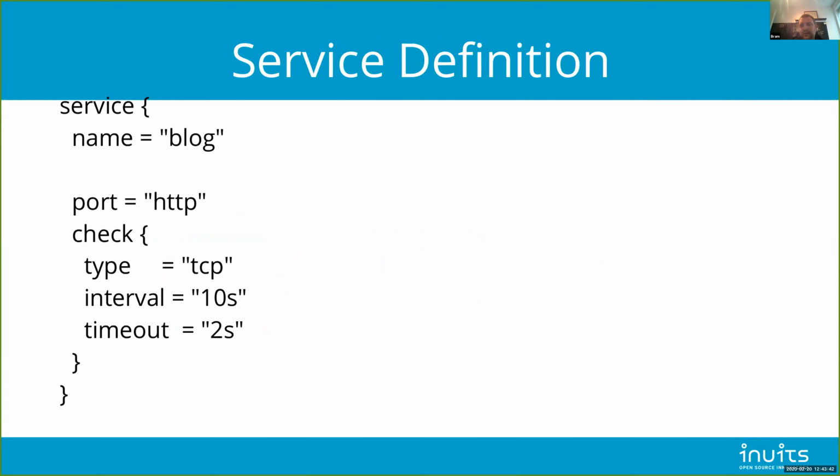We do it every 10 seconds, and not to kill off our infrastructure, we fail after 2 seconds. So now we can actually have Nomad and Consul working together to work out if my service that I've just deployed is actually working. So we're working towards: is my node actually providing the service I expect it to?